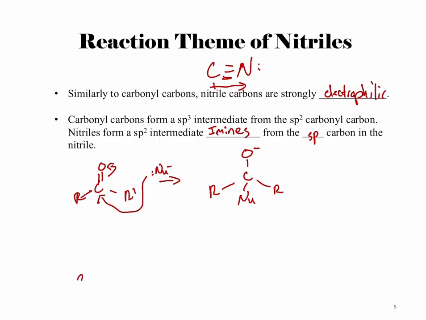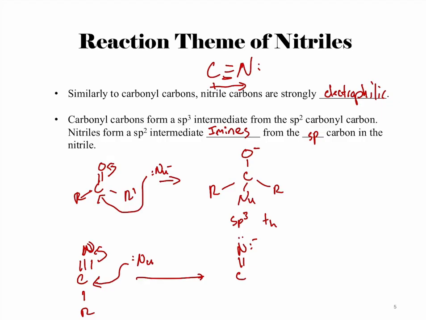In the nitrile chemistry, it's going to be similar, except instead we'll have the nucleophilic attack of this nitrile carbon, and instead of an sp3 tetrahedral intermediate, sometimes you'll see T sub H to be tetrahedral, we're going to create an imine intermediate, and also it's going to be an anion as well, just like the tetrahedral intermediate was for the carbonyl carbon, with an sp2 intermediate.